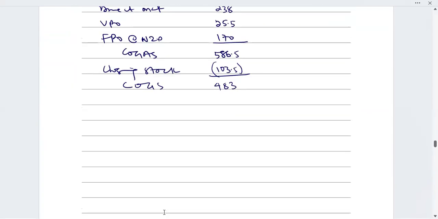Absorption. Let me shorten that to put the work in there.